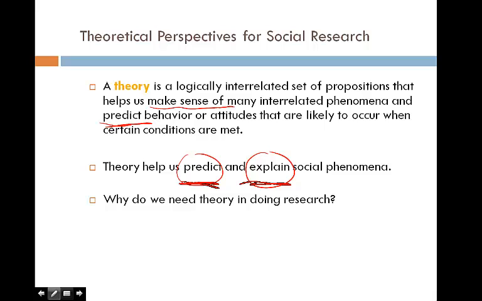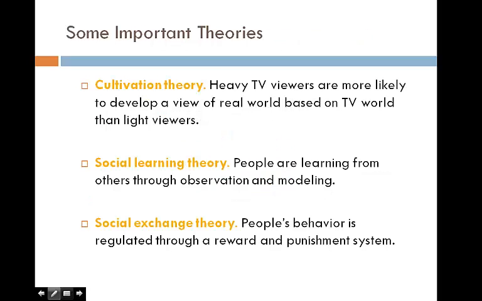So predict and explain are 2 major functions of theory. Why do we need theory in doing research? Because theory can guide us to develop research questions, and theory can guide us to frame our research question. That's why we need theory to guide us.